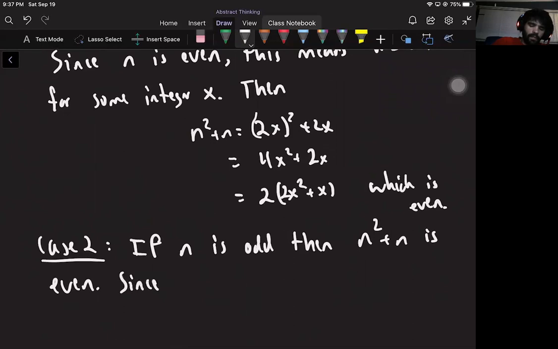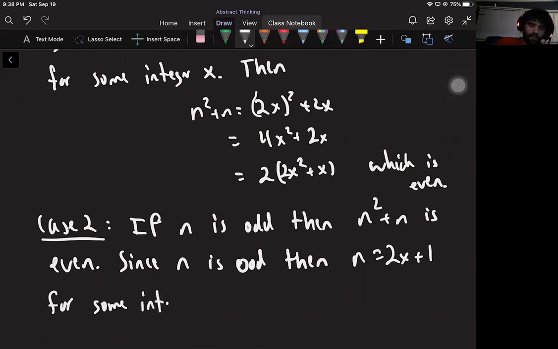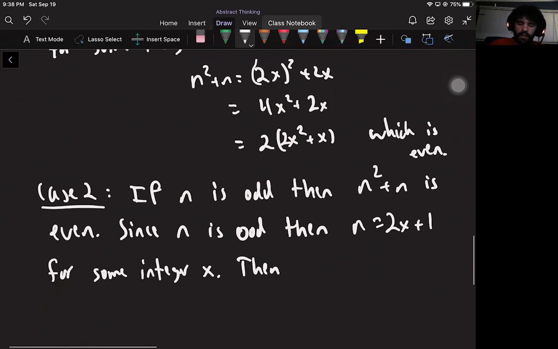Okay, so since n is even, or sorry, now it's odd, what do I know about that? I know that that means n equals 2 times a number plus 1, for some integer x. And once again, now I have information about n, so I can actually say a lot more about n squared plus n.